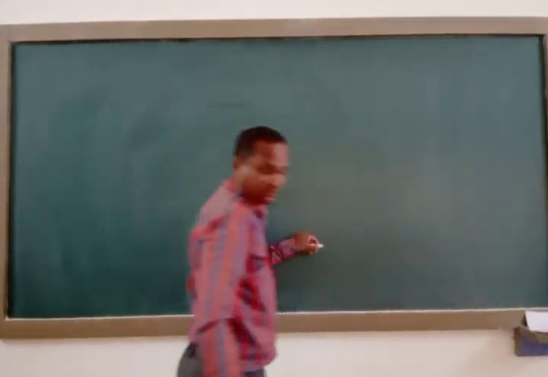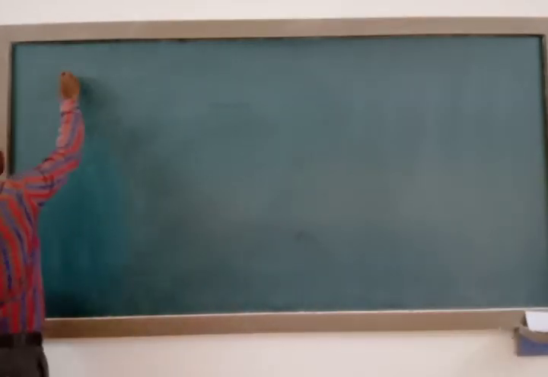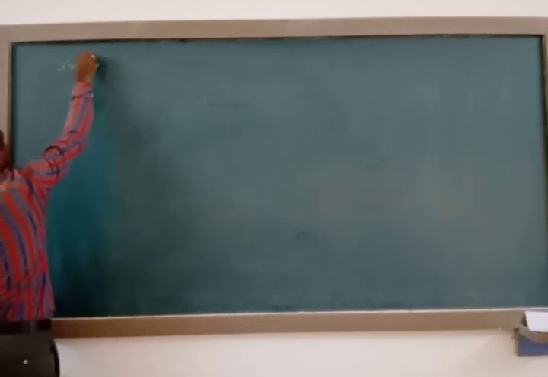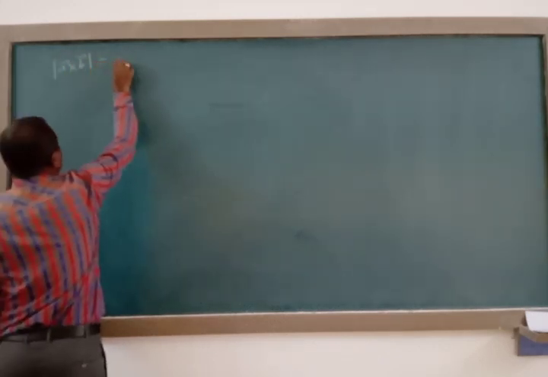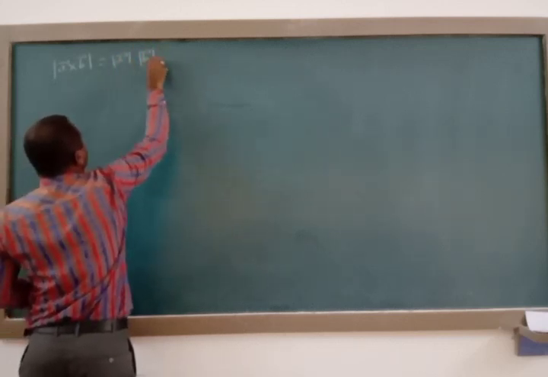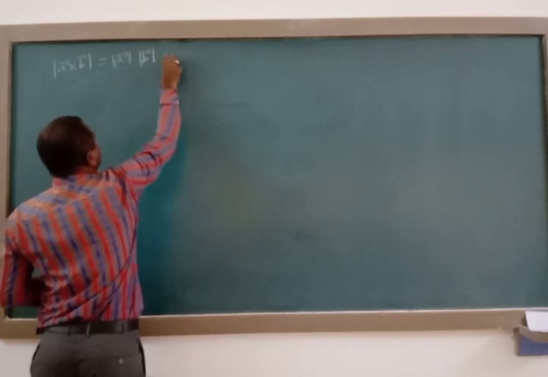What is the main definition here? The definition is magnitude of A bar cross B bar is equal to magnitude of A bar into magnitude of B bar into sine theta.